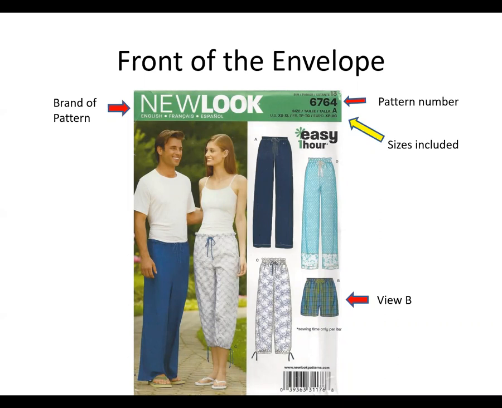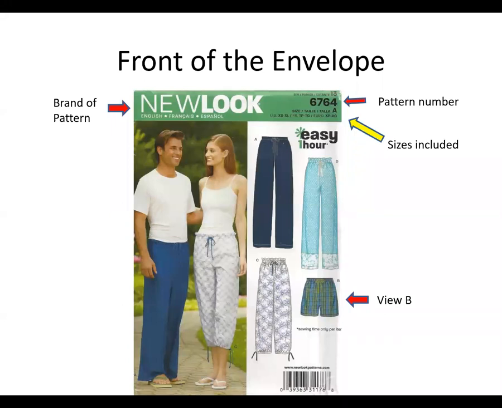All right, so let's look at a pattern envelope. You will be assigned a pattern envelope by the lab supervisor. All right, what do we find on the front of a commercial pattern that is purchased? First will be the brand name of the pattern.